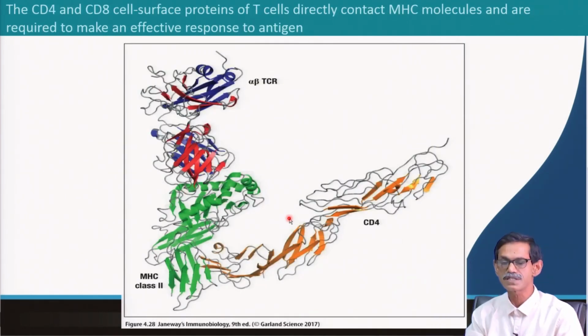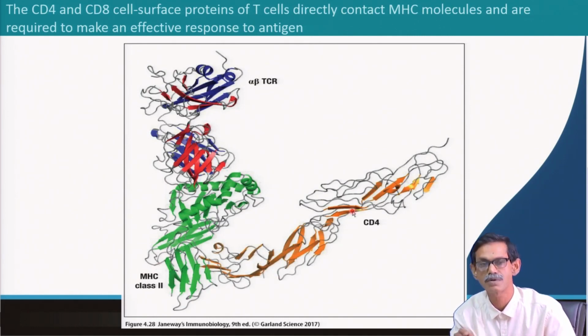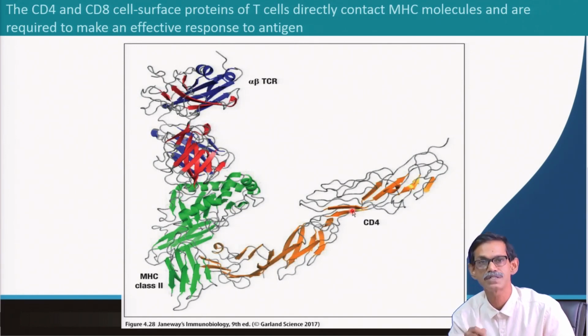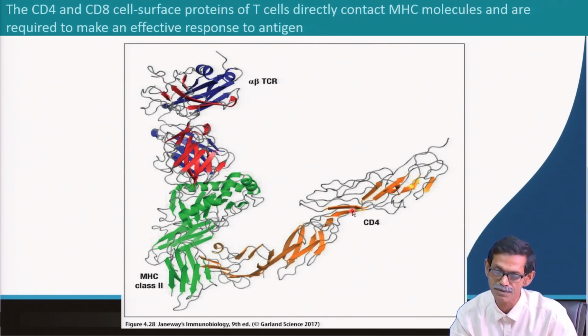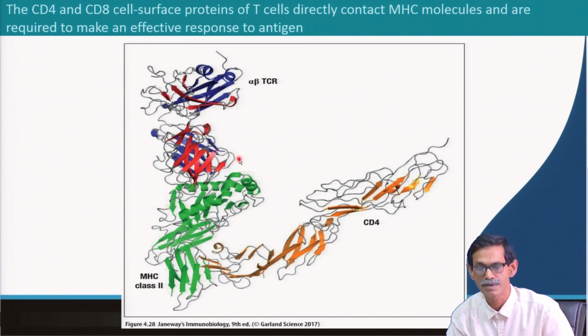So, this is the crystal structure showing the alpha beta T cell receptor, MHC class 2, and CD4 all interacting. You do not have to remember all this, but it is not just the cartoon I drew. When it is crystallized, it is found that the CD4 is interacting with this MHC class 2 and definitely with the TCR molecule of alpha beta type.